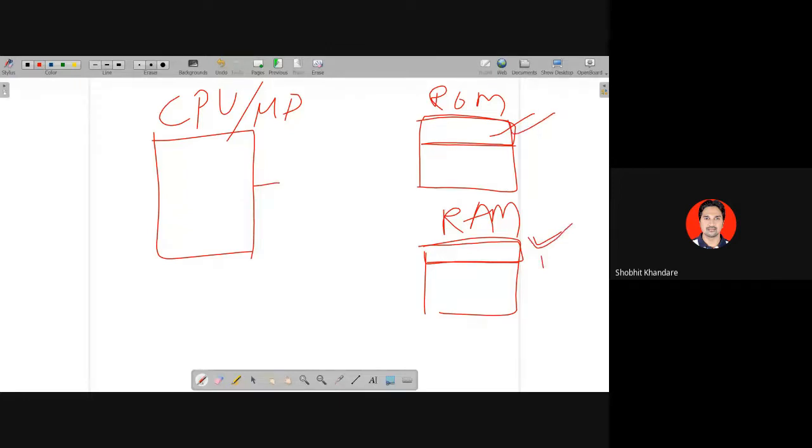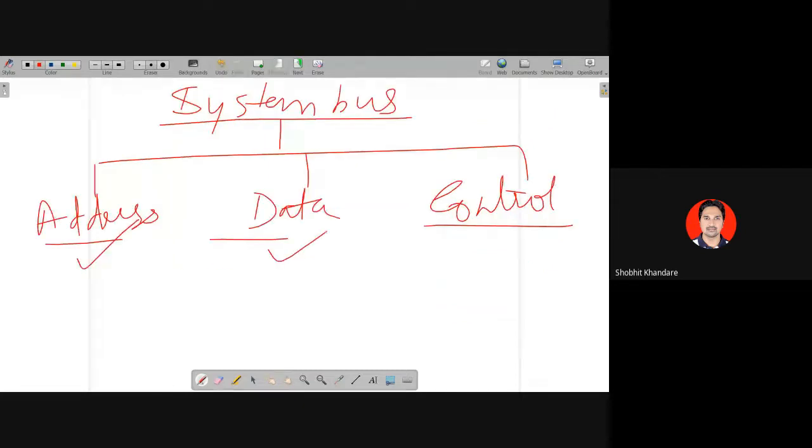So how is it going to access? It is going to access first by using the address bus. Now when you talk about the address bus, these are nothing but a group of wires. If you talk about address bus, data bus or control bus, they are a group of wires.